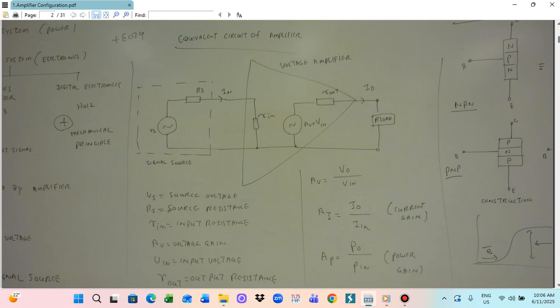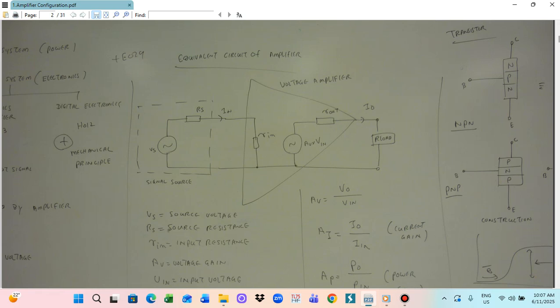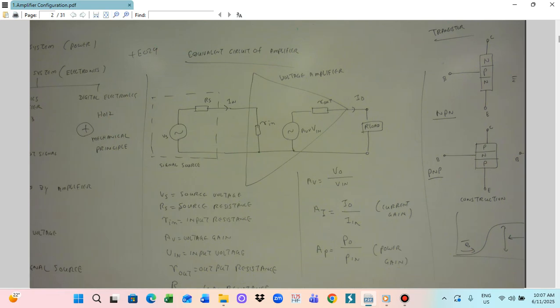So for the equivalent circuit of the amplifier, the input signal source is this one, the RS and the VS. This will be the input signal source.